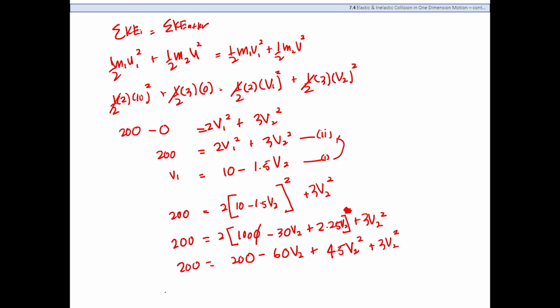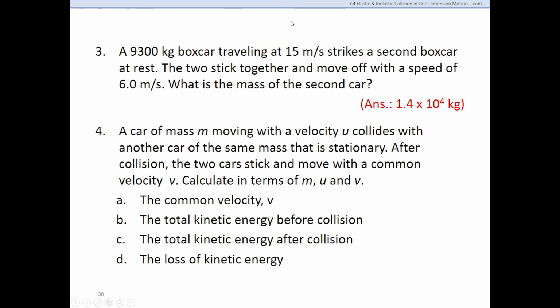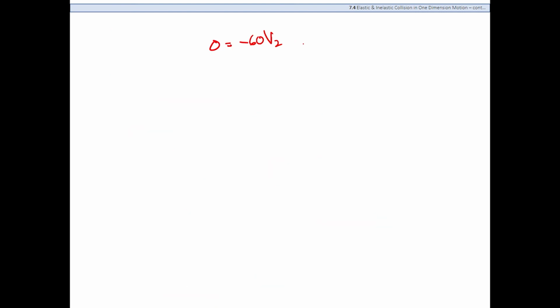So we get 200 minus 200 from the right equals negative 60 v2 plus 7.5 v2 squared. We cancel, so 0 equals negative 60 v2 plus 7.5 v2 squared.